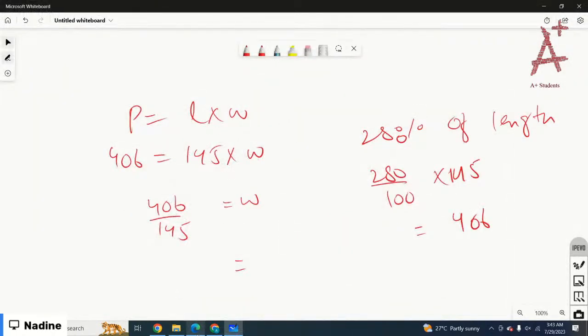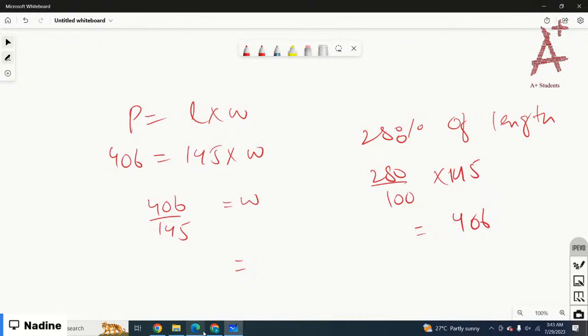Hmm, 280 over 100. 406. Perimeter equals, no, hold on.